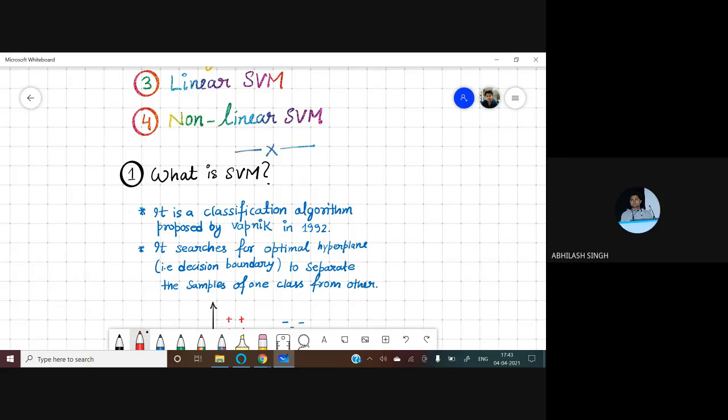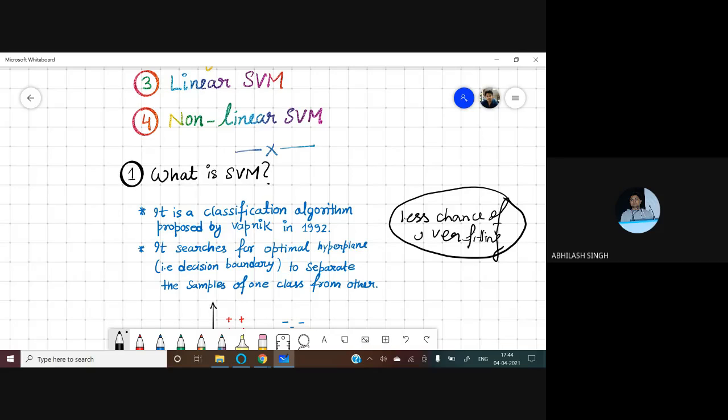There is also very little chance of overfitting in SVM. We will discuss why there is less chance of overfitting in SVM, because of maximizing the margin.